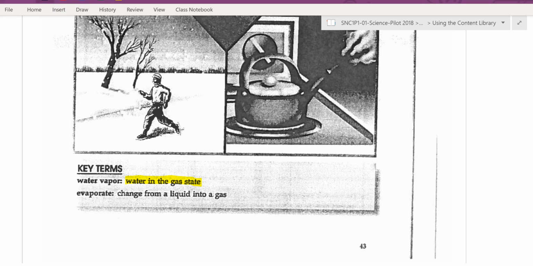If I wanted to think about water in a gas state, what would I know about the distance between the particles? Are they going to be close or far away?